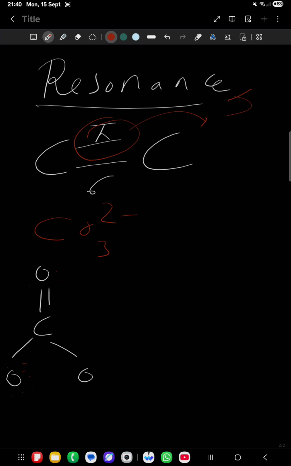Similarly 1 2 3 4 5 6 and one negative charge. Okay, so this is all about it.